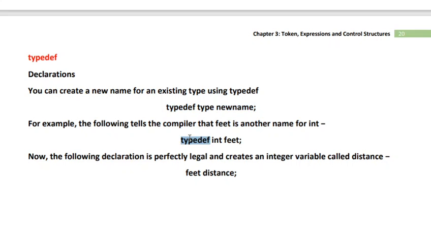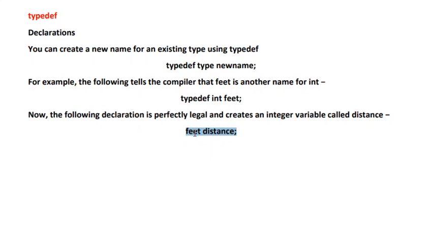For example, typedef integer feet. So you're defining a data type feet that resembles the characteristics of integer. Later on, feet can be used to declare variables that will resemble the integer data type.